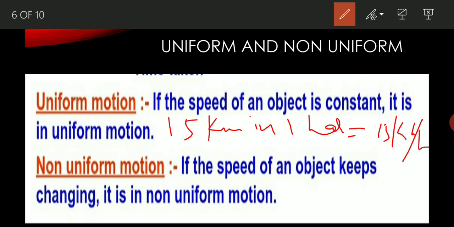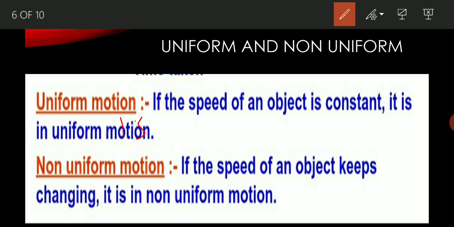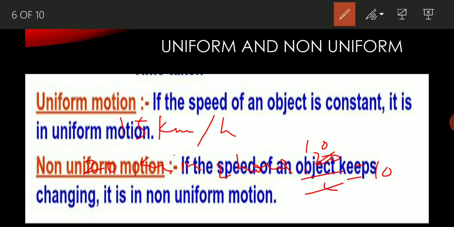In the next hour, it travels 20 kilometers in 2 hours. Then calculate the speed. 20 upon 2 is equal to 10 kilometers per hour. Now you can see here, the first time the speed was 15 kilometers per hour, now it is 10 kilometers per hour.